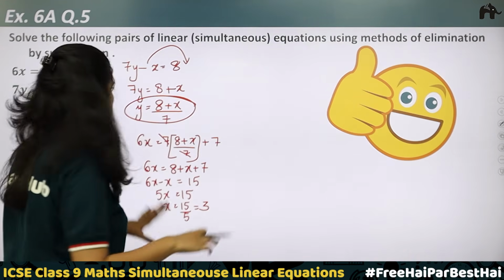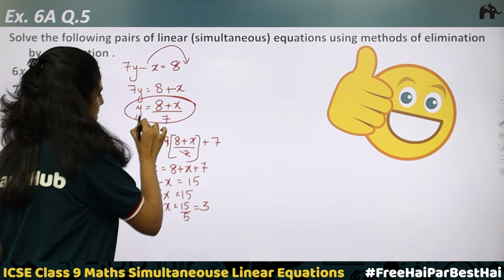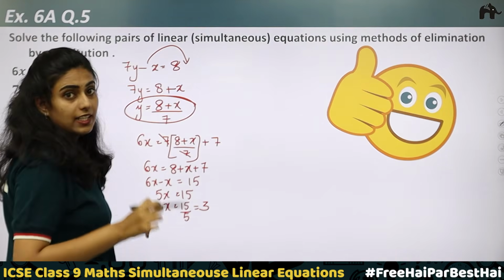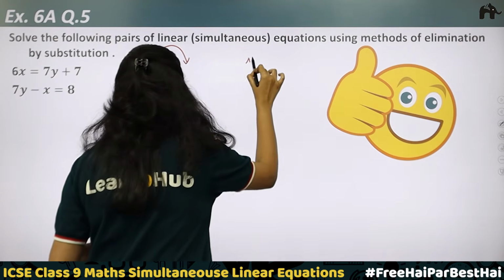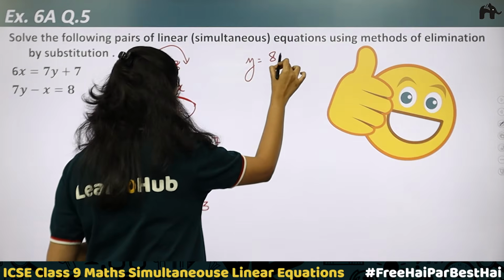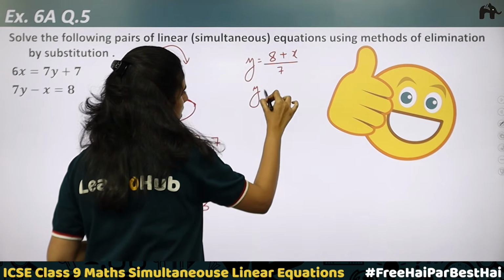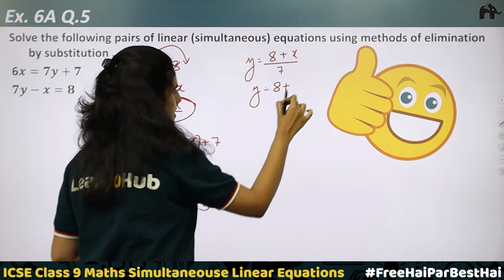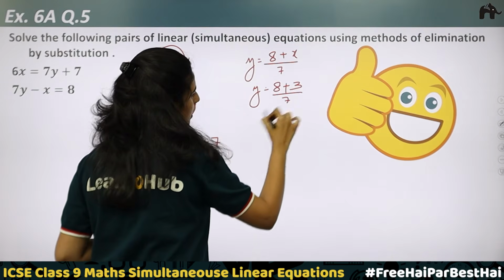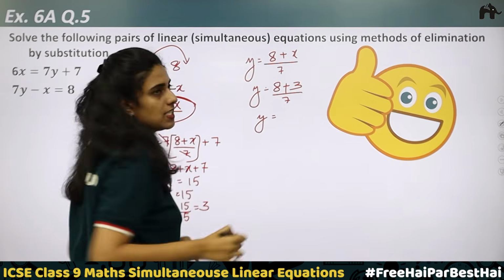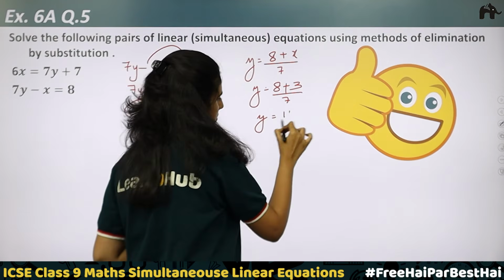Now this x value we are going to substitute in the equation to find the value of y. Y is equal to (8 plus x) divided by 7. Y is equal to (8 plus 3) by 7. Y is equal to 11 by 7.